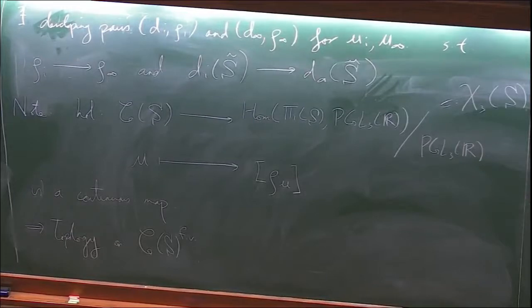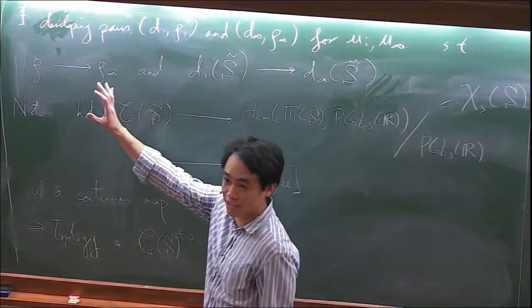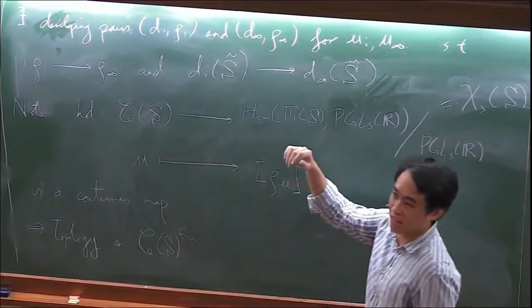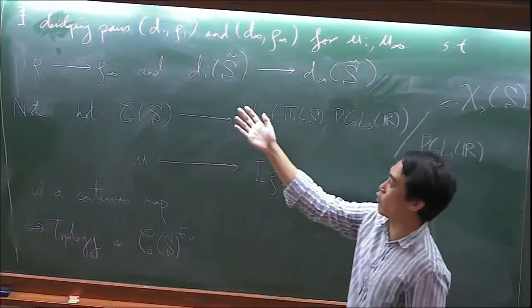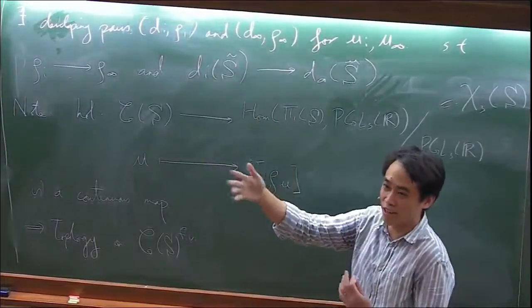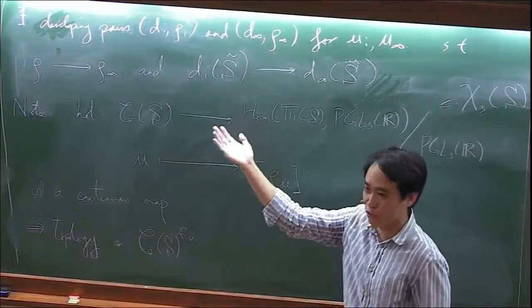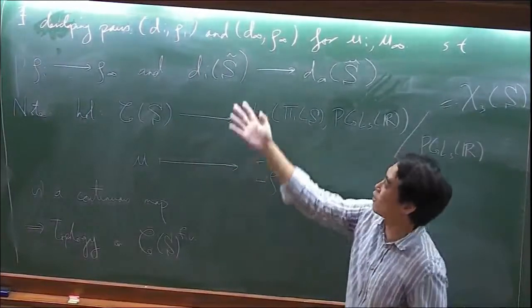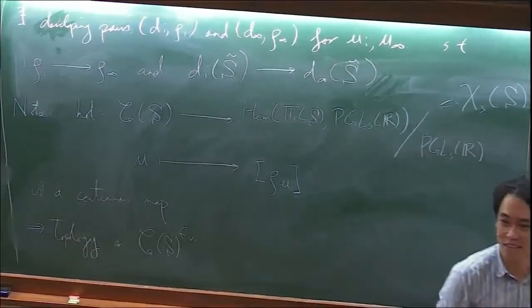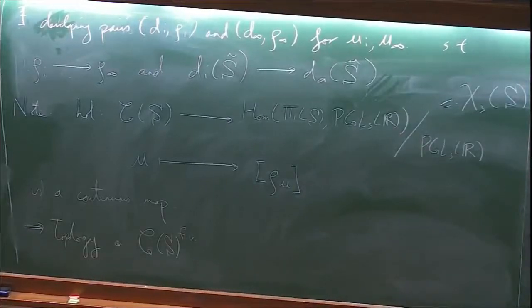Sorry, say that again. Right, if you don't have the holonomy. Right, so for example, if your convex projective structure is a hyperbolic structure, then this is always the same. Okay?